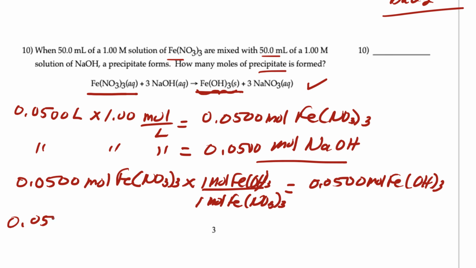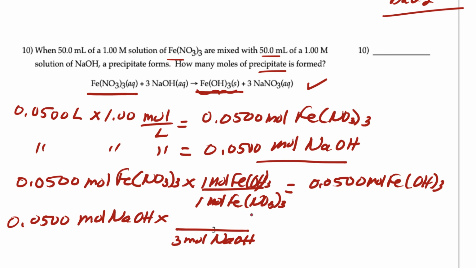And then we'll do the same with the moles of sodium hydroxide. So we have 0.05 moles of sodium hydroxide. And from our chemical equation, 3 moles of the sodium hydroxide will produce 1 mole of the iron 3 hydroxide.